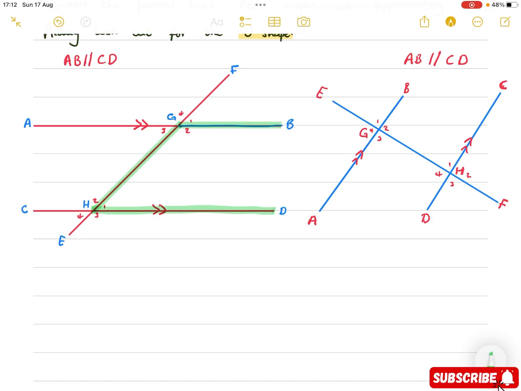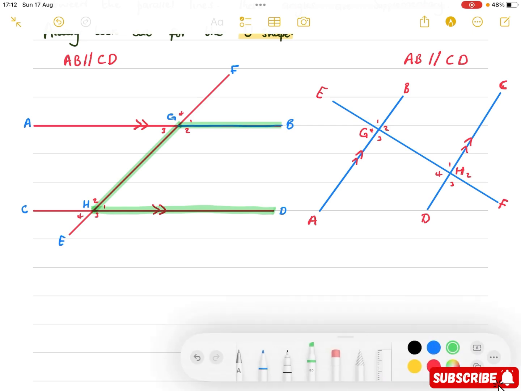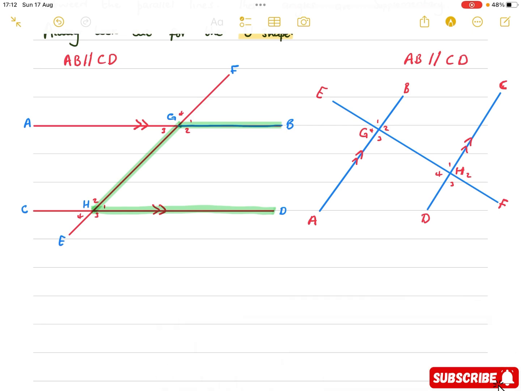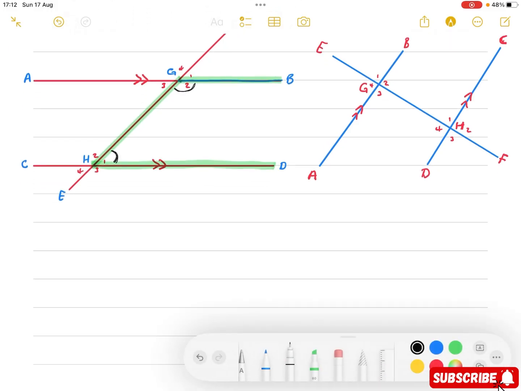What was mentioned about the concept of co-interiors? This angle is within the U shape, and this angle again is within the U shape.